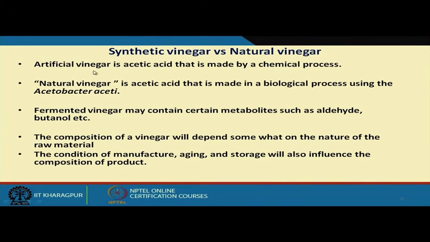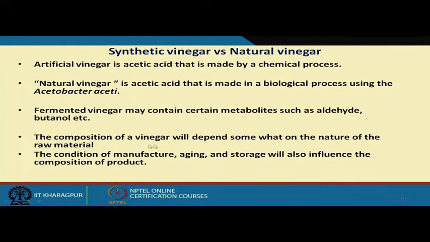So here, artificial vinegar is the acetic acid that is made by a chemical process, as I mentioned. Natural vinegar is the acetic acid that is made from the biological process using Acetobacter aceti. The fermented vinegar contains certain metabolites such as aldehydes, butanol and various others, because of the alcohol and other components.